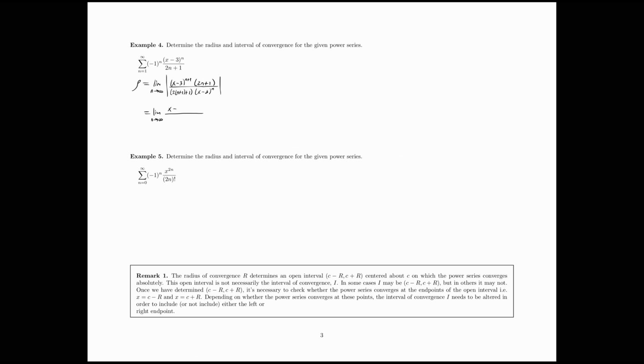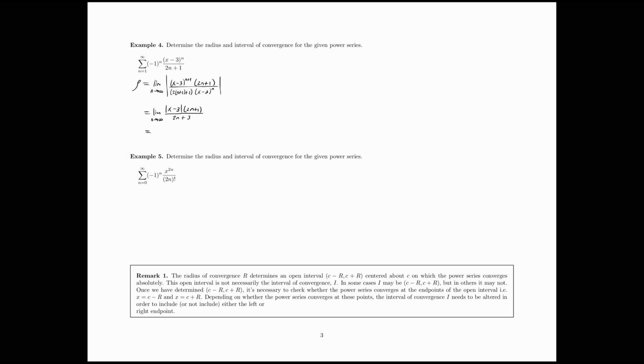The absolute value bars do apply to this, but because 2n plus 1 is a positive number, it can just be left as 2n plus 1. Downstairs, similarly, we don't need the absolute values on that term, so we can just distribute the 2 and combine like terms to get 2n plus 3.